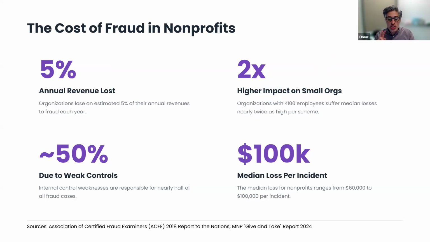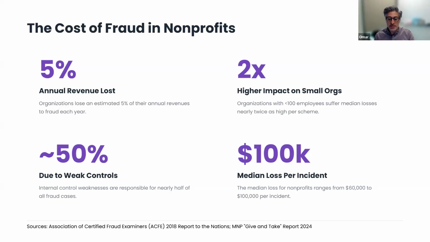The impact is 2 times greater on smaller organizations, those with less than 100 employees, suffering median losses nearly twice as high per scheme. And 50% of these frauds are the result of weak controls. The median loss per incident ranges from 60,000 to 100,000 per incident.